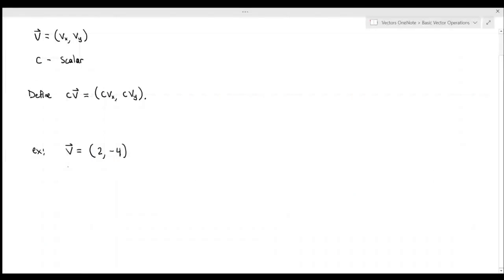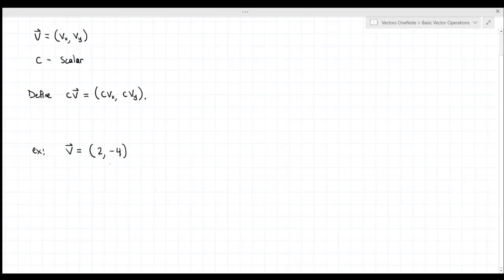So I have this example here where I have a vector v with components 2 and -4. If I want to multiply the vector v by the scalar 2, that will give me the vector 4, -8. If I want to multiply the vector v by the scalar 1/2, multiplying 1/2 into each component will give me the vector 1 and -2.